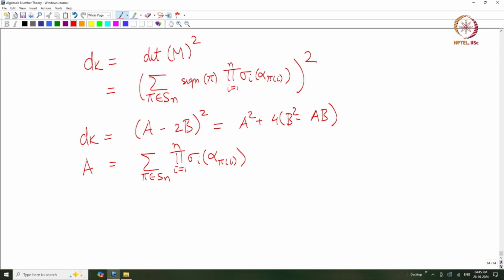It's like the determinant, but I have forgotten about the signs, and then B is you just take everything with odd permutations, the product over pi in Sn, pi odd, and you again forget about the sign, but these are only half of the permutations. And so it is clear that the determinant of M is A minus 2B, and that is why dK is (A minus 2B) whole squared, and so I have written it like this.